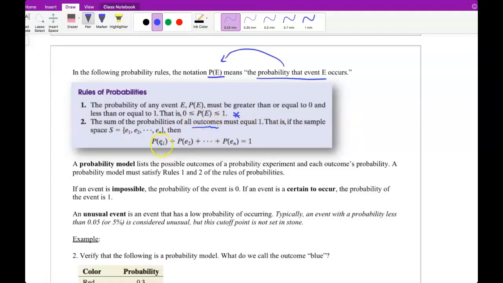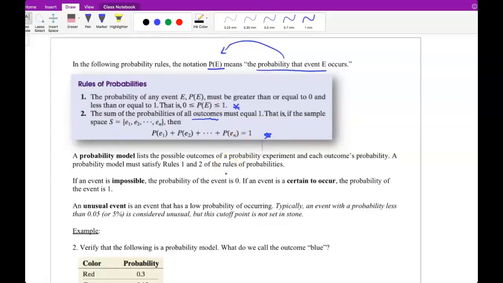See, here I have E1, the first event, second event, and up to the nth event. So finding the probability of each one and adding all these, the answer should be equal to 1.